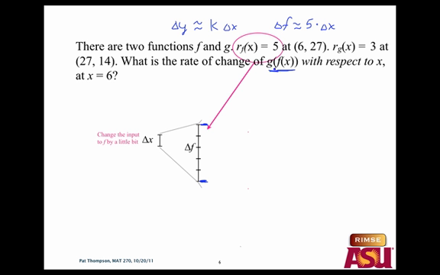What will the corresponding change in g be? Take a minute to think about it. Okay, by the same principle, because of this rate of change, the change in g will be 3 times the change in f. So the change in g will be 3 times this quantity shown here from blue to blue.